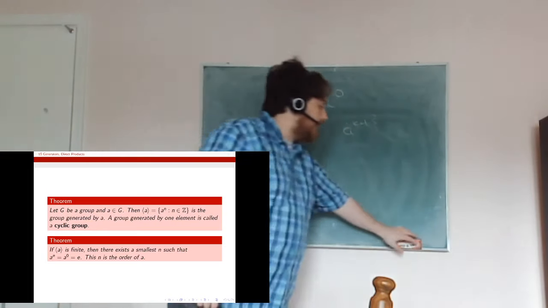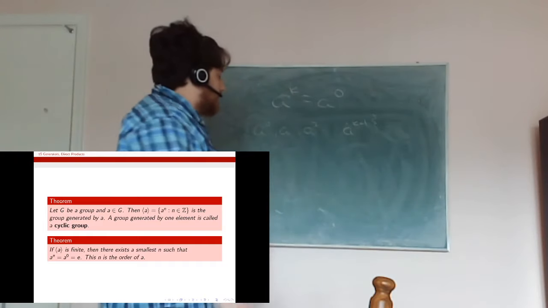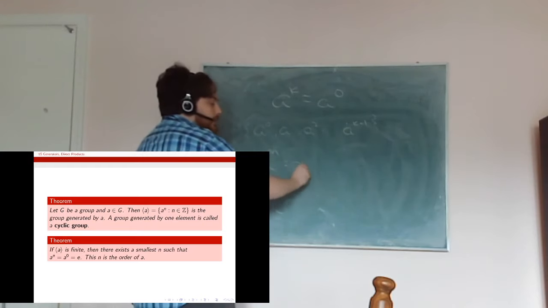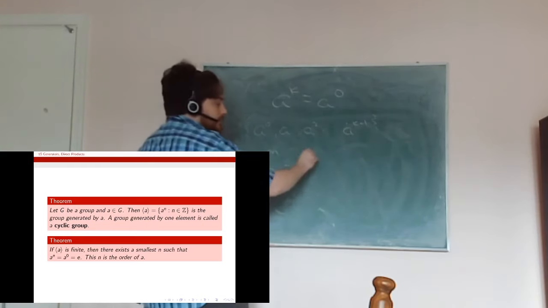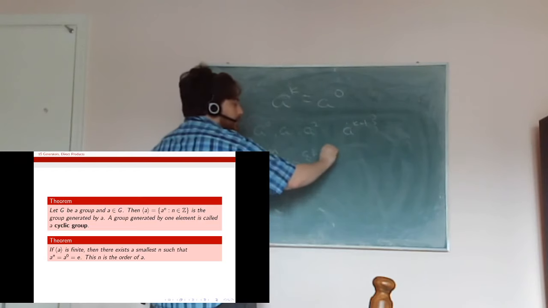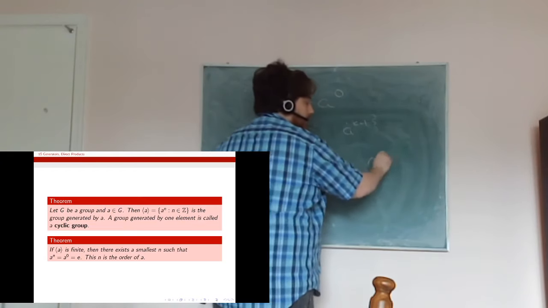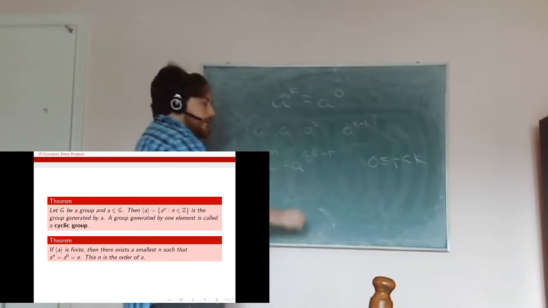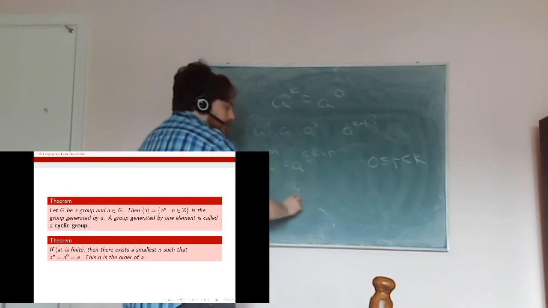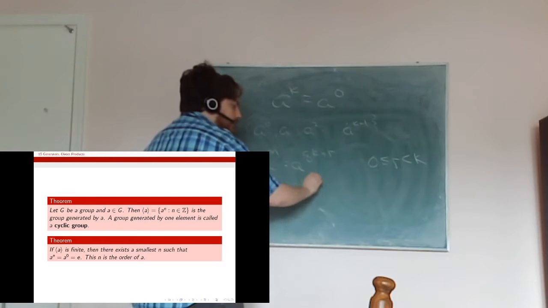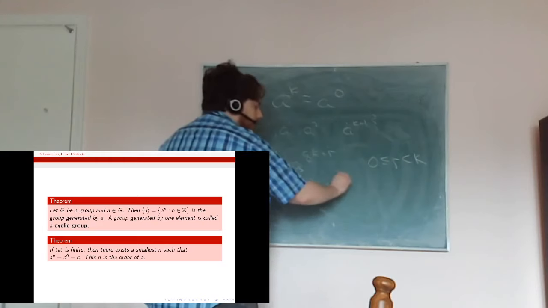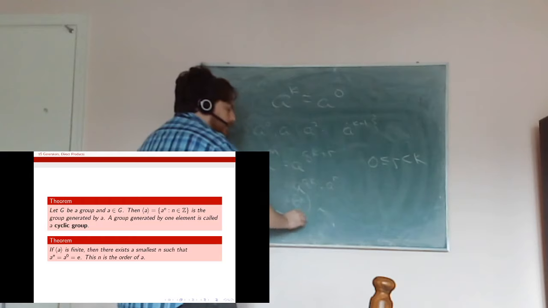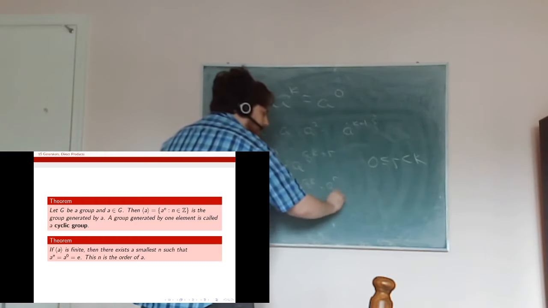Now, if I take something else outside of this set, like a to the m, remember I can write this as a to the q times k plus some remainder r, with 0 less than or equal to r less than k, using the division algorithm. But this is a to the qk times a to the r, which is a to the k to the q times a to the r.